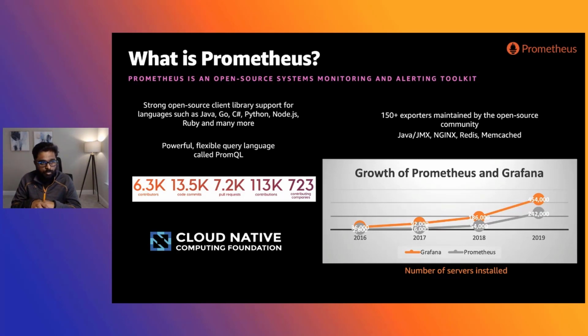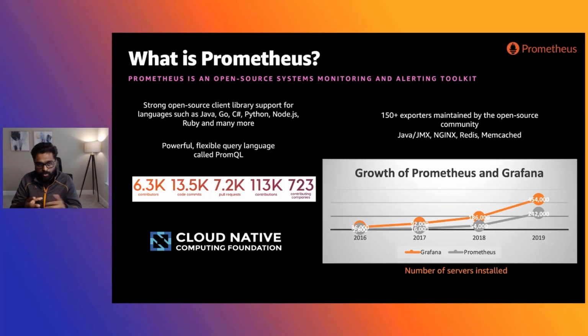And also there's strong open source support. There are client libraries available for Java, Go, C#, Python, and all kinds of languages that you typically expect to have. And there are several exporters. Exporters are basically little utilities that you can use to export metrics from an environment. There are 150-plus exporters maintained by the open source community that make it super easy for you to collect metrics from your workloads.